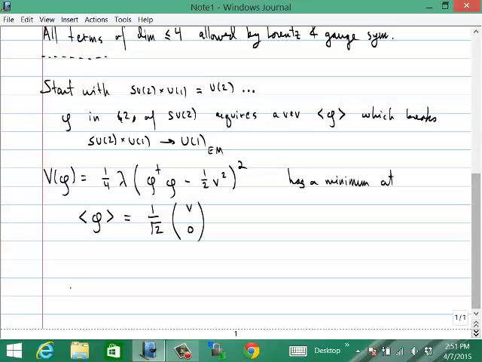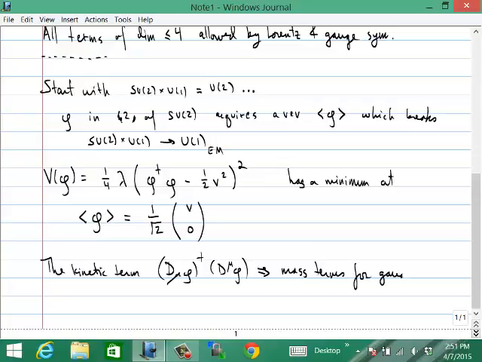And in particular, the kinetic term, which is D mu phi dagger times D mu phi, will lead to mass terms for the gauge bosons when we expand around the non-trivial vacuum expectation value for phi.